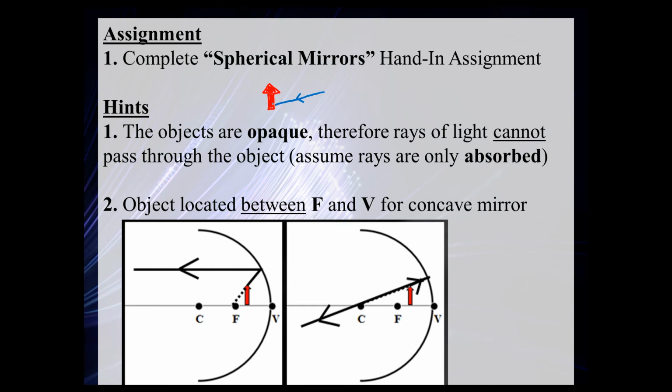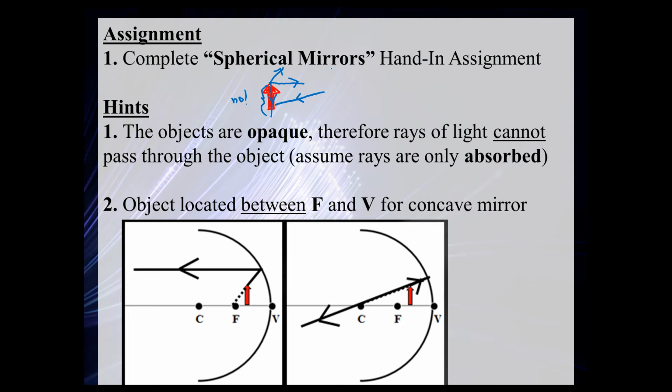If it wasn't opaque, then you would draw the ray going through. But the assumption we're making is these objects are opaque, so light cannot pass through them. Same thing, what we cannot do is take a ray of light and draw it straight through. We can draw rays of light starting in any direction from the tip, but we don't want to draw a ray of light going through. Okay, that's what we do not want to do because the object is opaque. So I'll say no, do not do that.